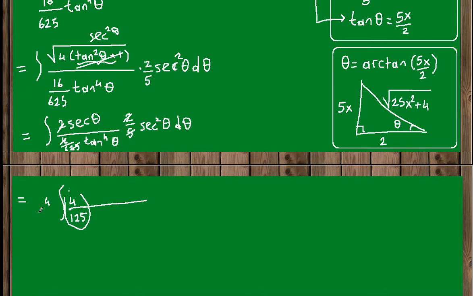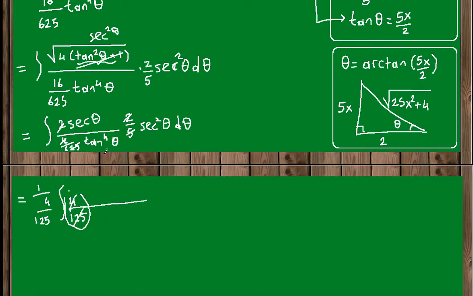So 4 over 125. One over 4 over 25, because 1 is on top, 4 over 25 is on the bottom.